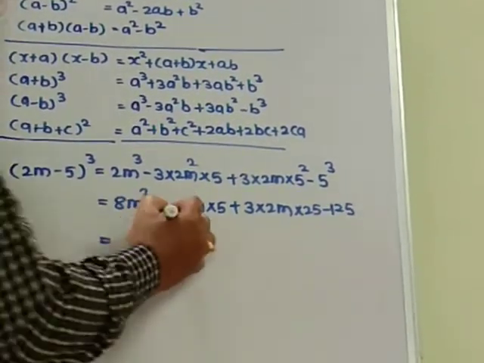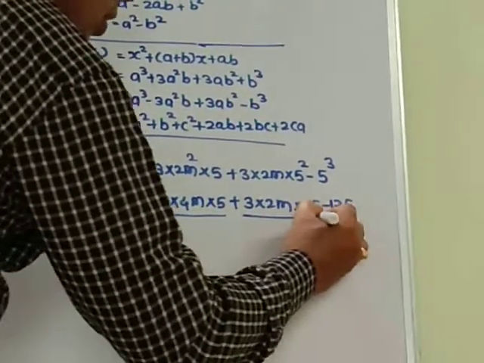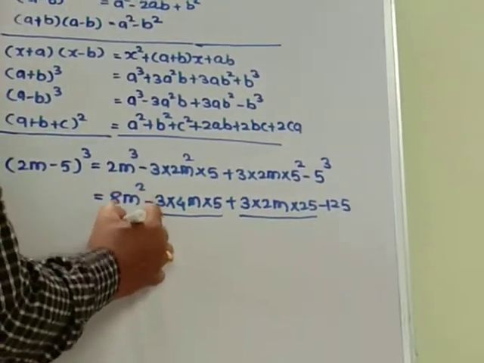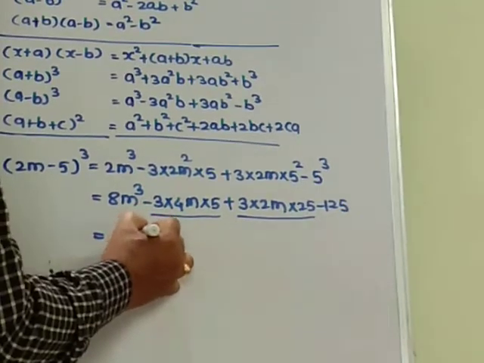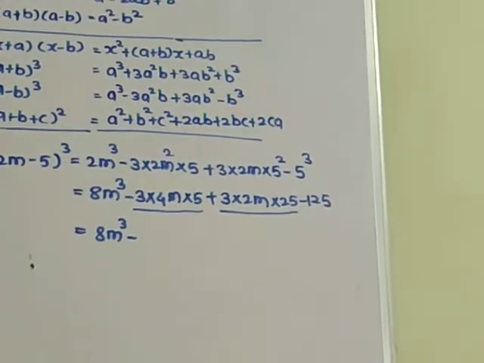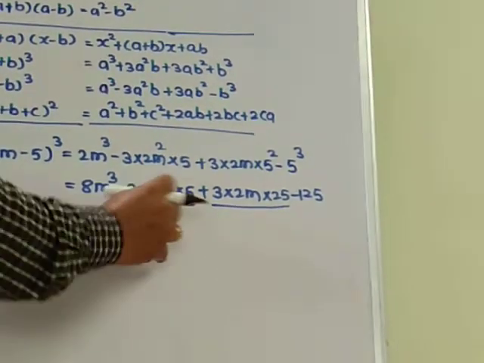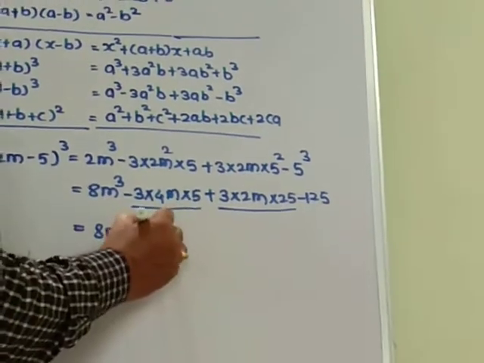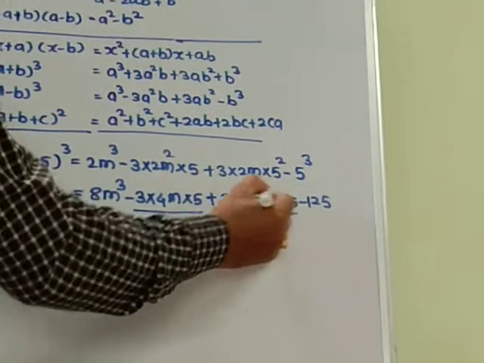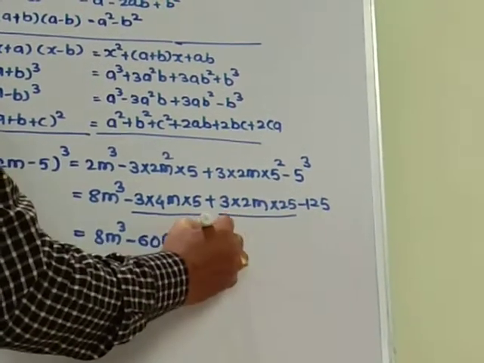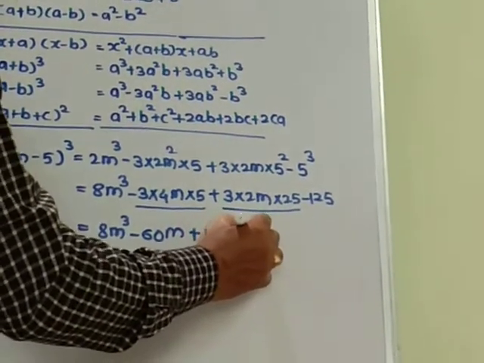Now this is the second term, this is the third term. Here the first term 8m cube, minus 5 3s are 15, 15 into 4 is 60, 60m square, plus 25 is 75, 75 into 2 is 150, 150m.